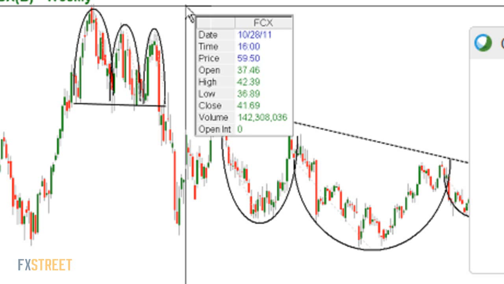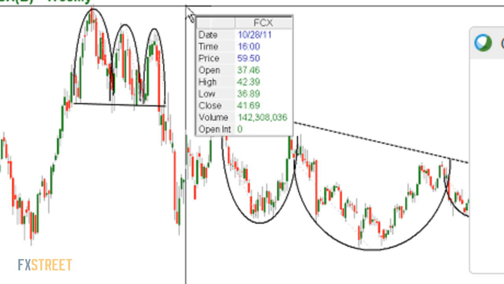This reversal pattern kind of sort of comes after a down move, but not really. The price runs up into it. In other words, you could make an argument that this failed head and shoulders, you could make an argument that the price came down into it.